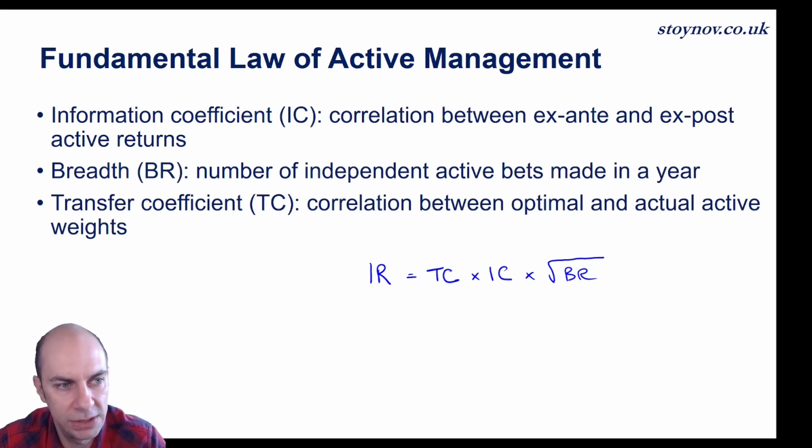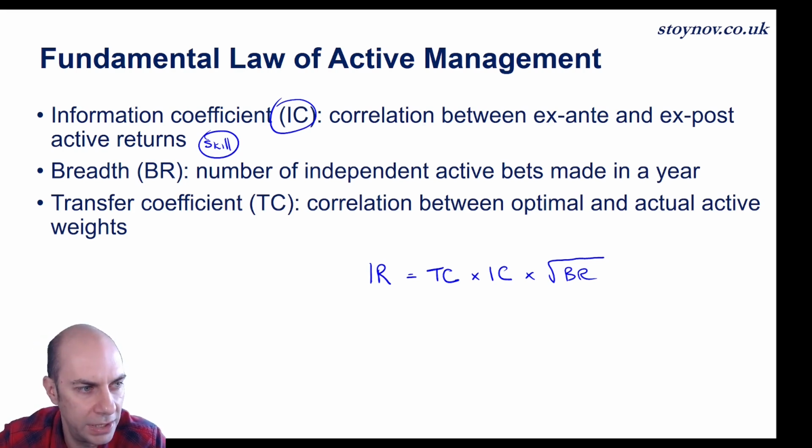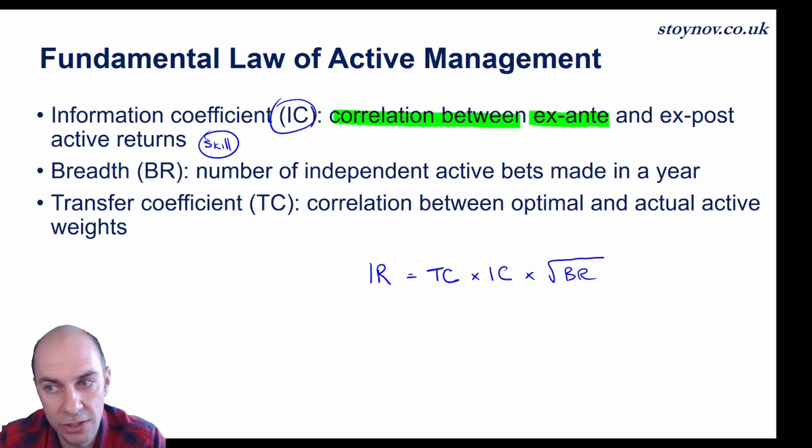So the first one I want to talk about is the information coefficient. And I like to think of this one as the skill of your manager. Is your manager skilled at predicting the future? Okay, so the way you're going to compute this is you're going to take the correlation coefficient between the ex ante active return, so the forecast of the manager, and the ex post active return.